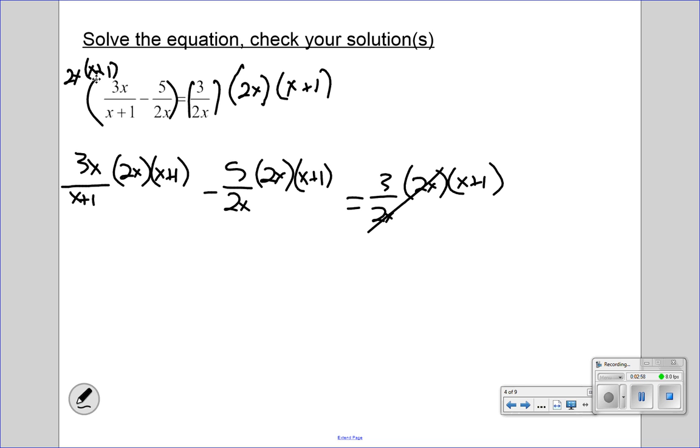We're going to cancel out things that can cancel out. So we're left with 6x squared minus 5x minus 5, make sure you distribute your negative, equals 3x plus 3.